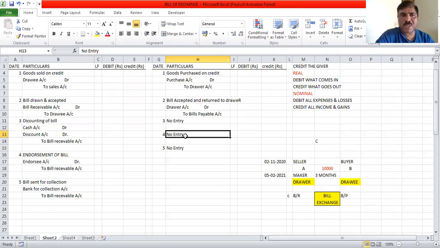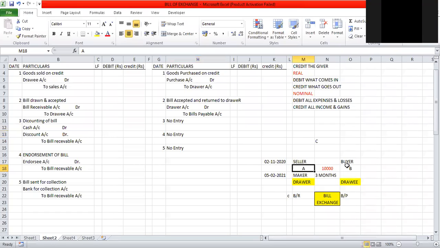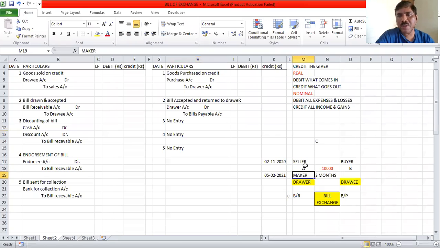Next, the third part: suppose that the bill is not discounted and not endorsed. Now the bill is still with Mr. A, the drawer, after being accepted by the drawee Mr. B. And there are so many bills with the drawee and drawer, and he will keep that record in the bill receivable book. It is one of the subsidiary books.